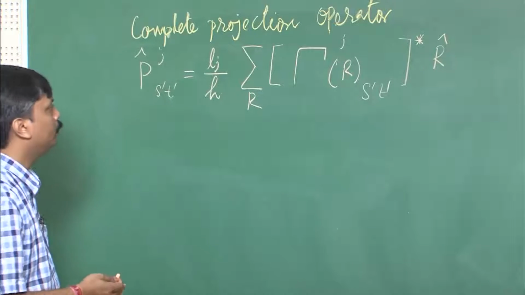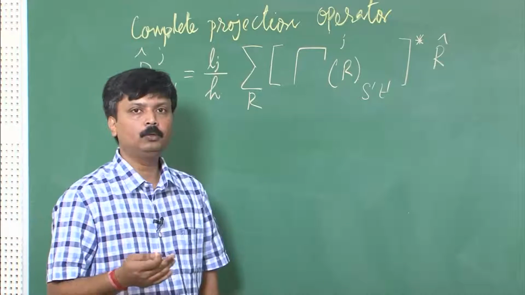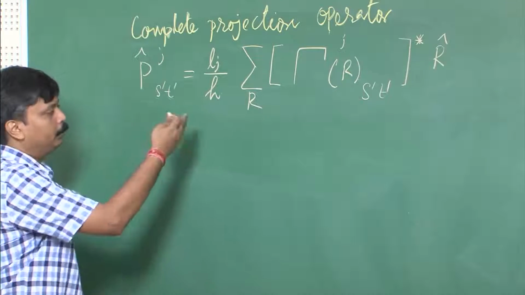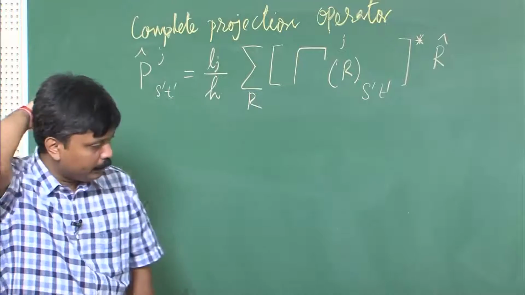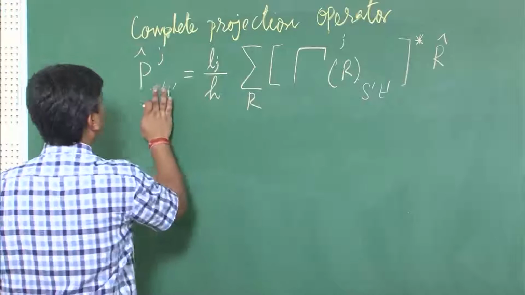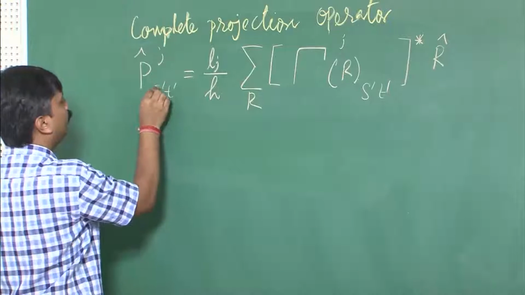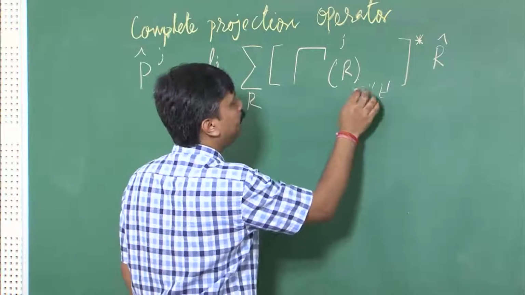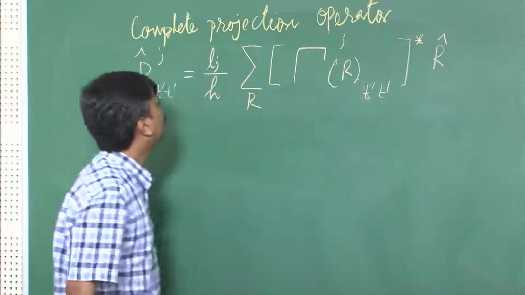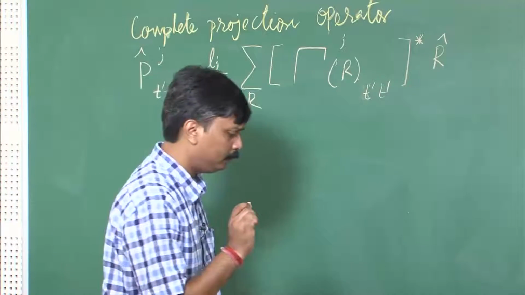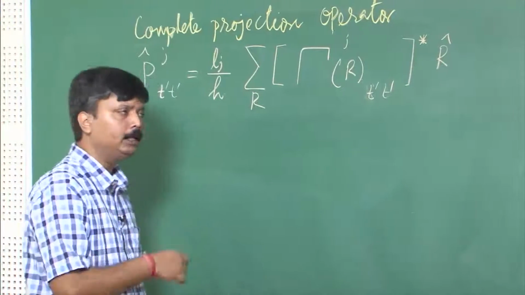And to start with, we also got, when we went to the special case where we deal with only the diagonal elements, you take the diagonal elements as T prime, right? So that was our projection operator that we dealt with in the last class.